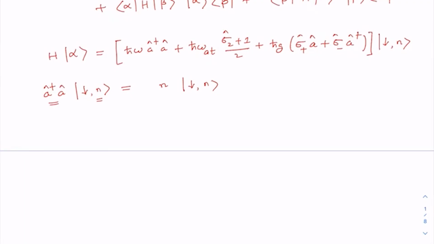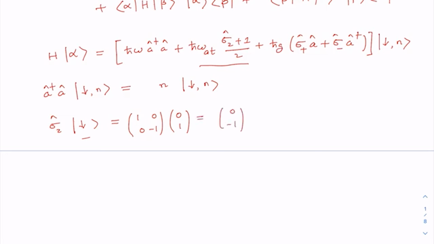Now what we have, the second term. To work out this term, first let me see what these operators do. Sigma z, when it operates on the atom in the ground state, which we can represent as the column vector (0, 1), and sigma z is the matrix (1, 0; 0, -1). If you multiply these two matrices, you will get (0, -1), which you can write as minus (0, 1).